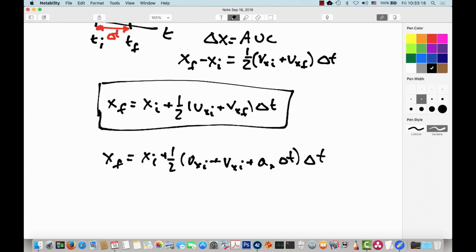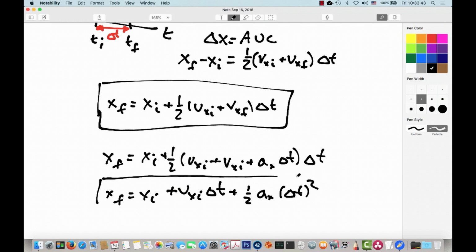When I times it by 1/2, I'll just be left with Vx initial delta t. So I got x final equals x initial plus Vx initial delta t plus, now I still have a 1/2 Ax delta t, and I times it by another delta t, 1/2 Ax delta t squared. Okay, this is another one of our gang of 4.